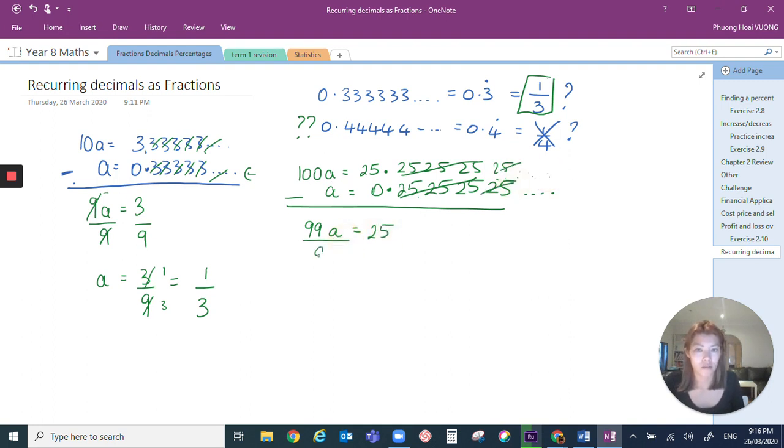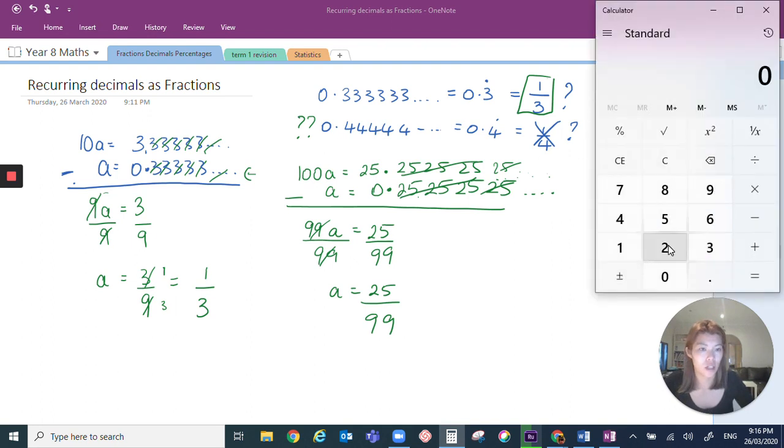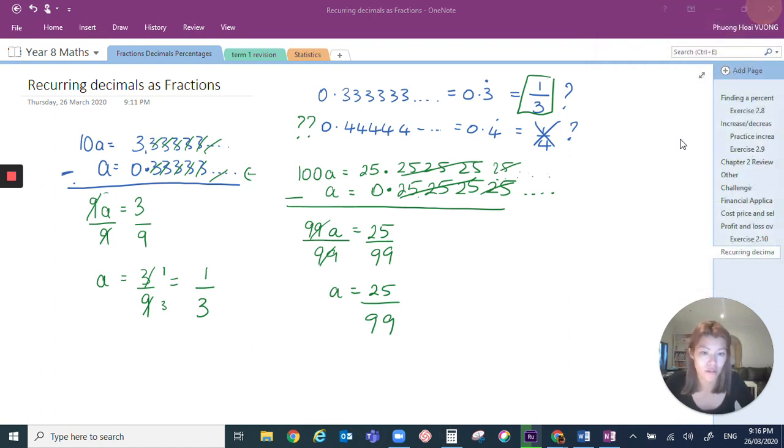So now dividing by 99 on both sides, we obtain a is equal to 25/99. And again, surely we can prove that using a calculator to double check. 25 divided by 99 is surely 25252525 forever.